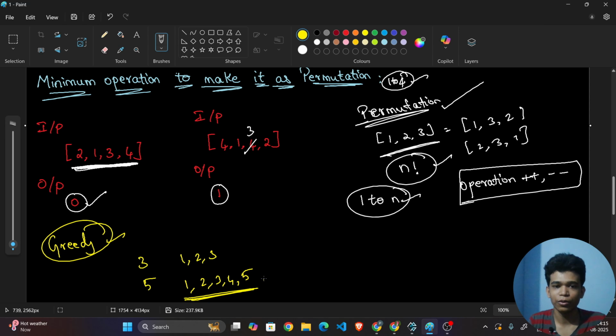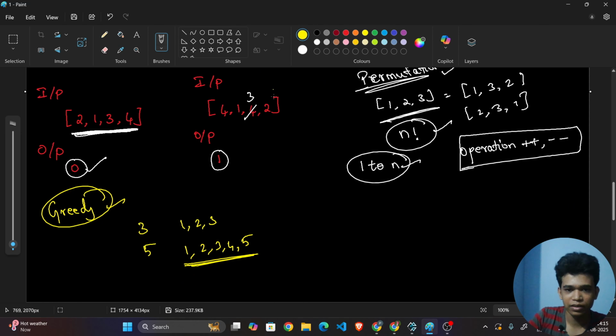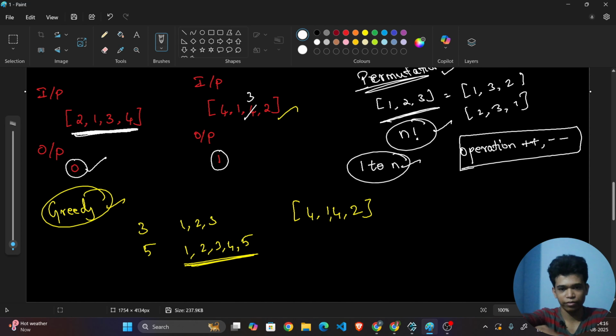So for example, if I take this second example, it will be 4 1 4 and 2. Now just look at this carefully. Here 1 is present, so no worries. Now 2 is also present, no worries, but there is no 3. So I want to change one of the 4s into 3.